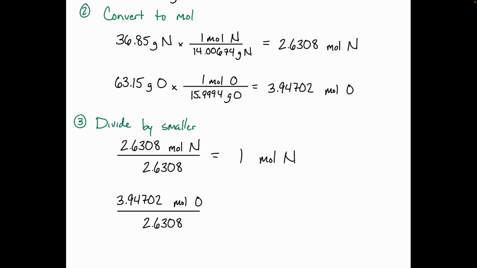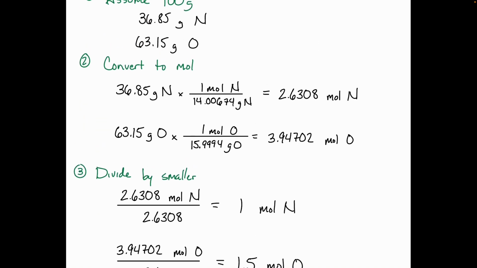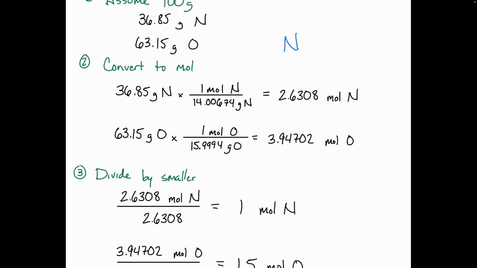Any number divided by itself is just 1. Right? And when I do that 3.9 divided by the 2.6, I get a value of 1.5 moles of oxygen. Okay, so can I say NO 1.5?